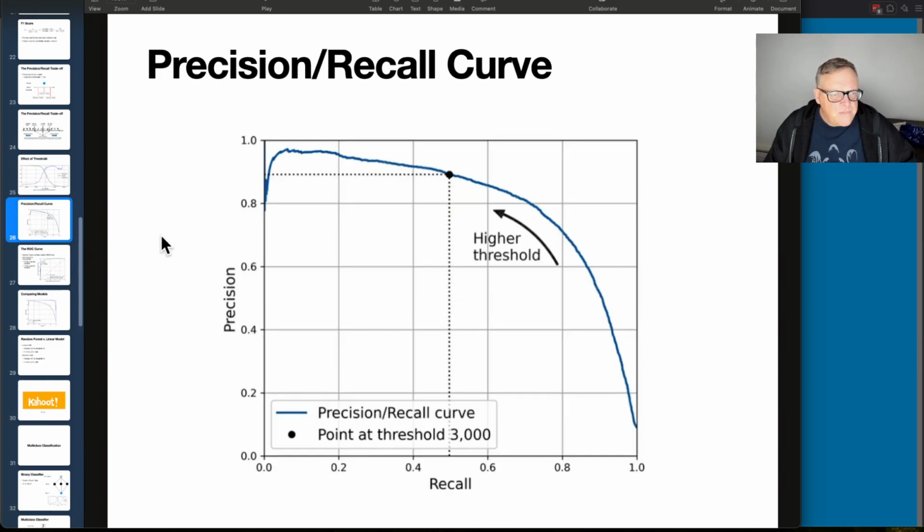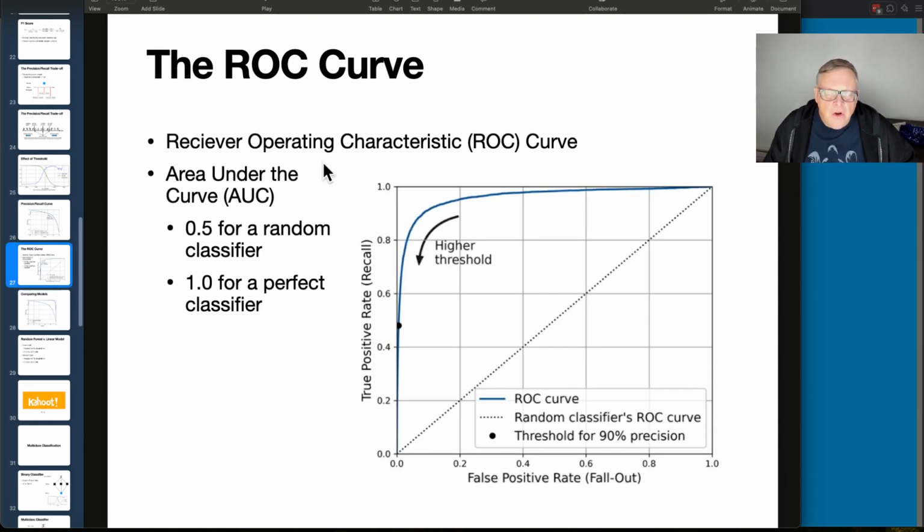So you can also print out a precision recall curve as you change the precision and recall. Your threshold goes along here. There's another way to graph the same data. It's called the receiver operating characteristic, where you have the false positive rate and the true positive rate.